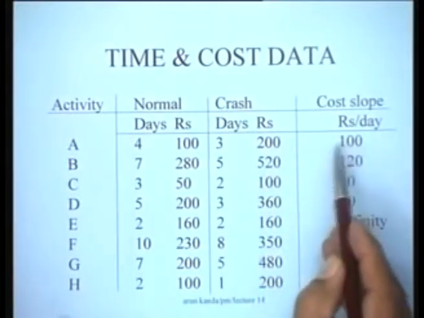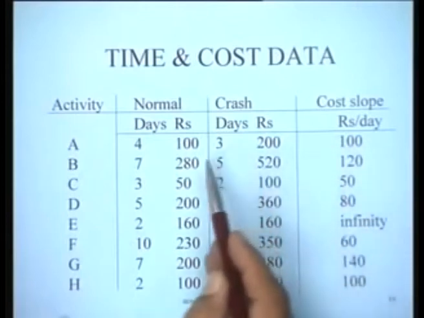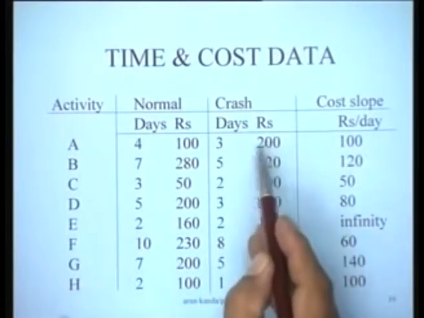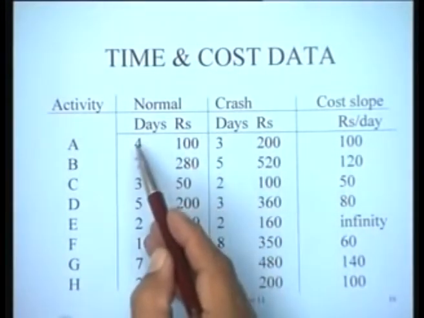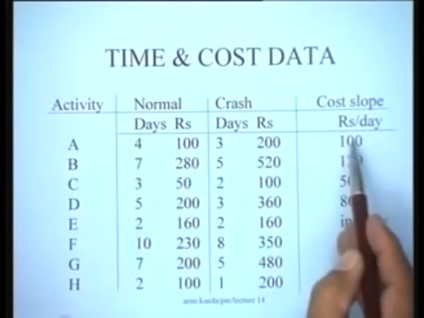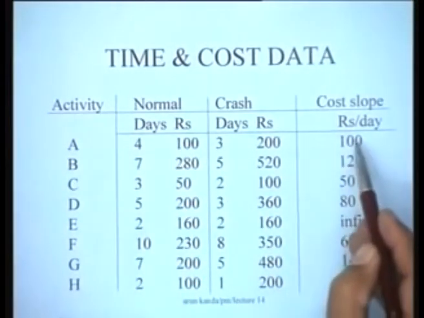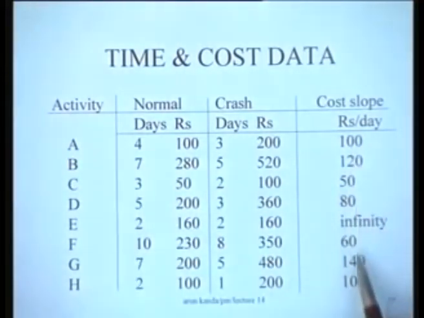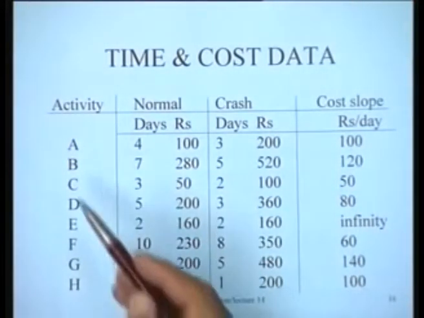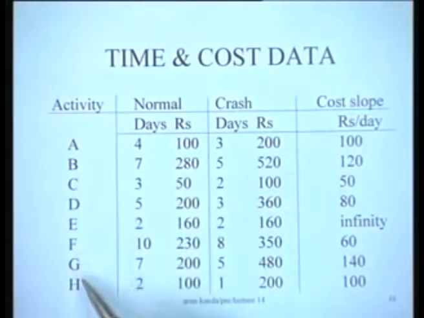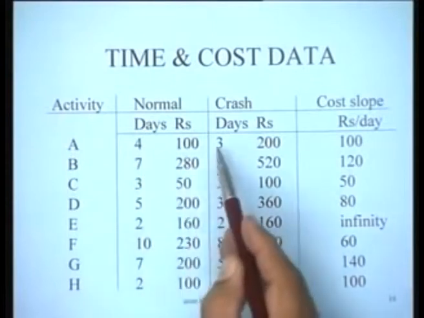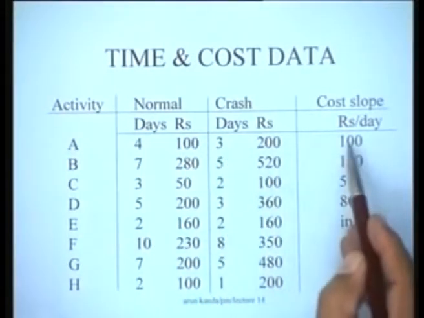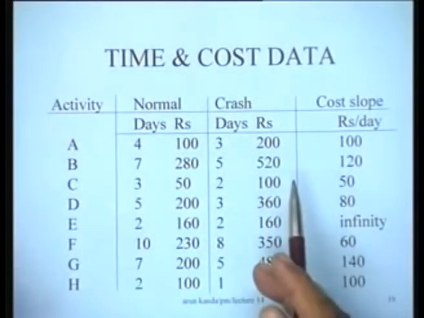And from here obviously the cost slope can be computed, which as we have seen is simply 200 minus 100 divided by 4 minus 3, which is 100 rupees per day. So we have in this manner computed the cost slope for each of the various activities in this project which go from A to H. And we have the normal duration, the crash duration, and the various cost slopes.